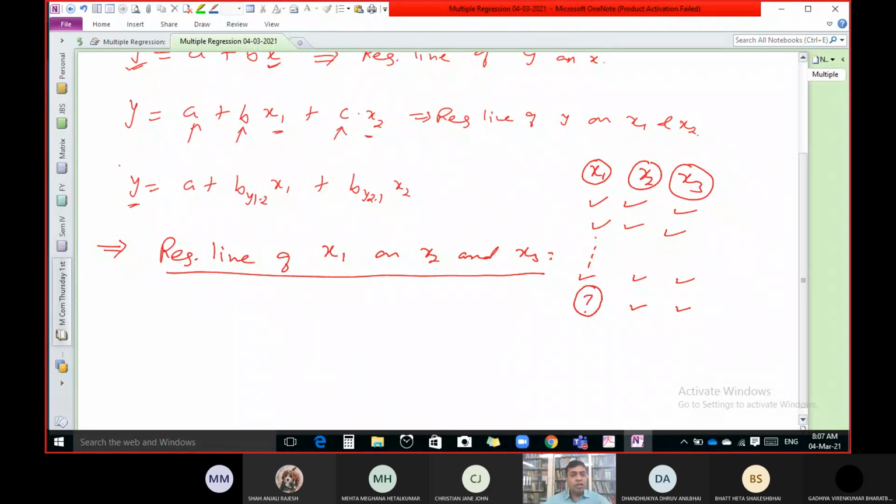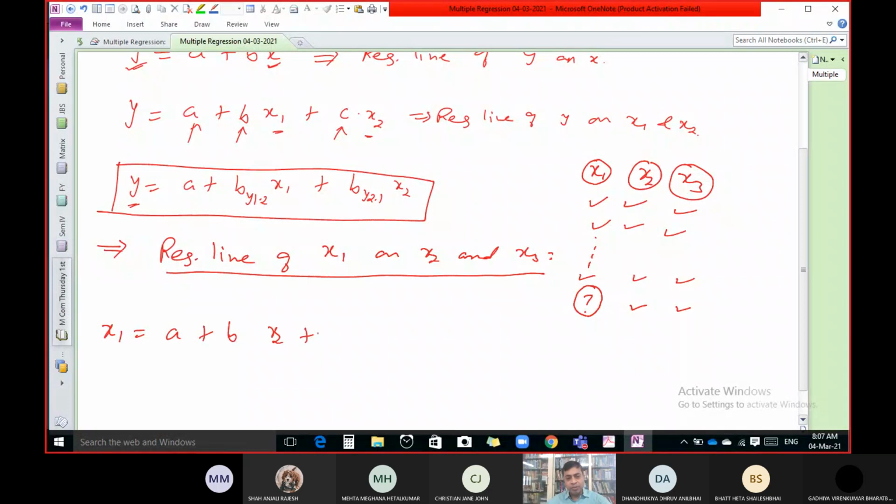Now it's the same as this, but here y is the dependent variable, whereas here x1 is the dependent variable. So you have to write it like this: x1 equals a plus b x2 plus b x3. But this b you can write as b12.3.